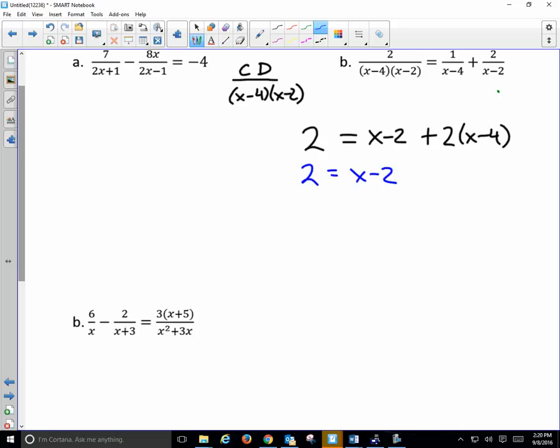Let's distribute our 2. What would you like to do now? Combine like terms. We have 2 equals the x and the 2x make 3x. My negative 2, my negative 8 make negative 10. Now what?